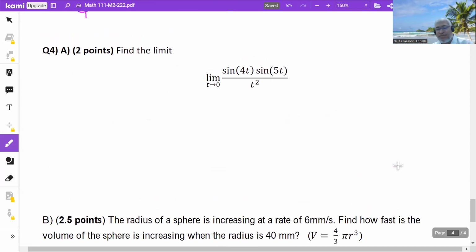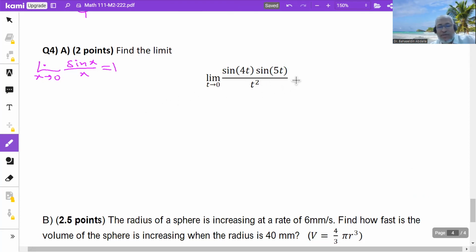Find this limit. Well, I have t squared below, sine 4t, sine 5t. I know that the limit of sine x over x when x approaches 0 is 1. So I'll have to use this fact.